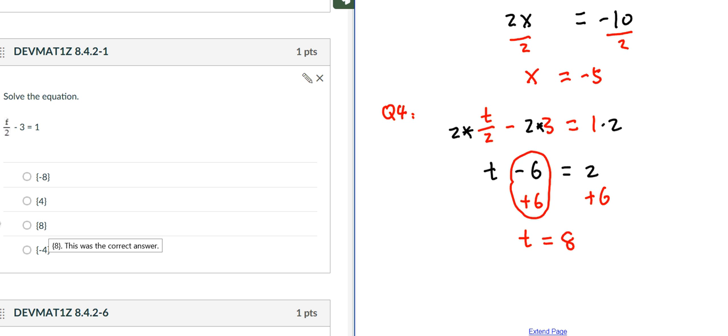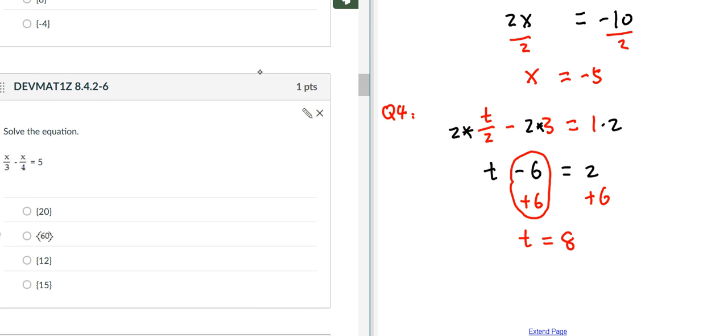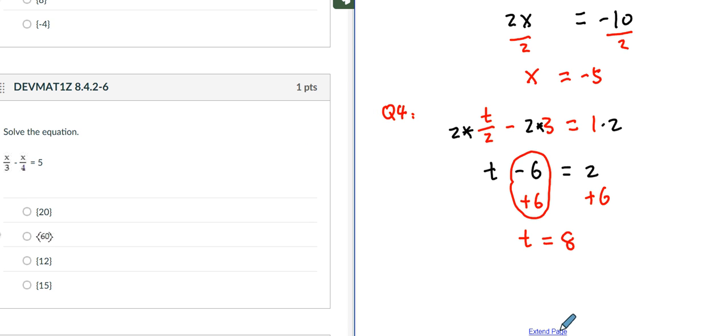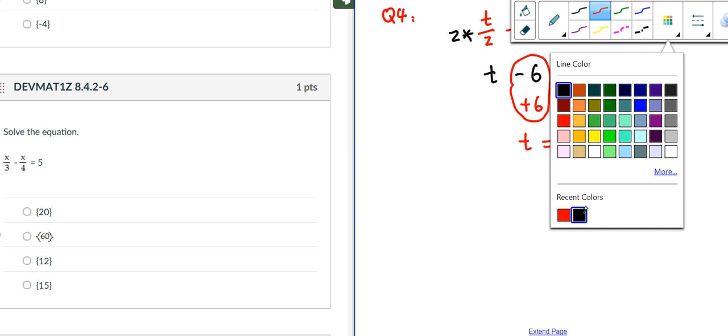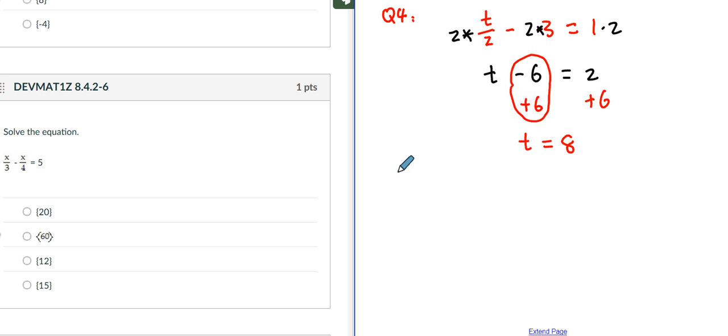Answer. All right. Now, let's see this one. Let me change the color to black. So, question 5. You have x over 3 minus x over 4 equals 5. We hate denominators, right? Okay, let's get rid of them.